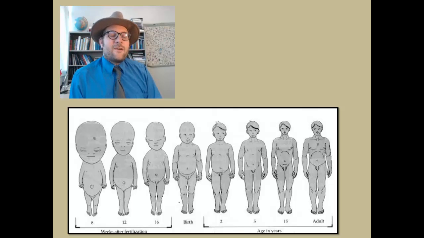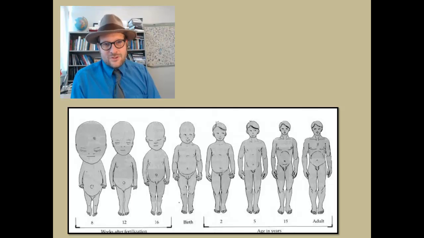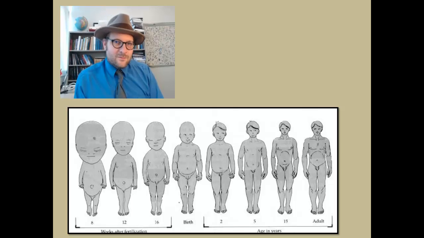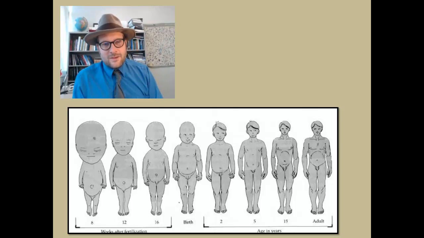So babies have huge heads compared to, say, an adult. And so you can see these proportions change through time, and this is what we're going to talk about, ontogeny.